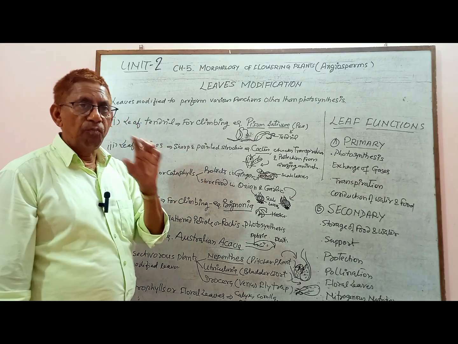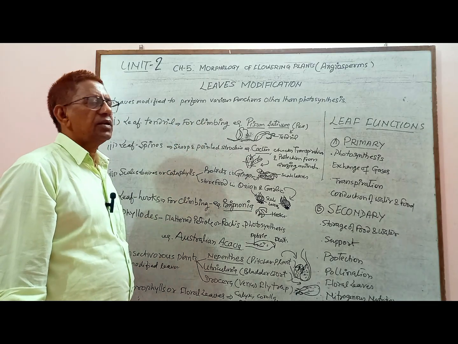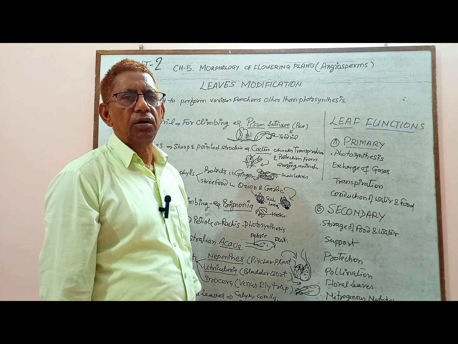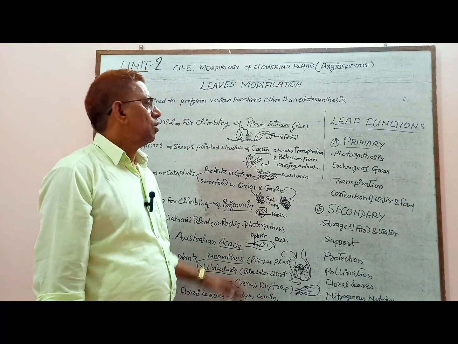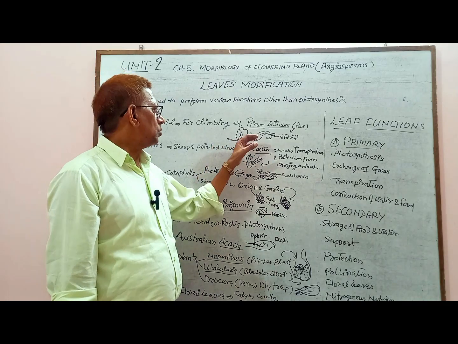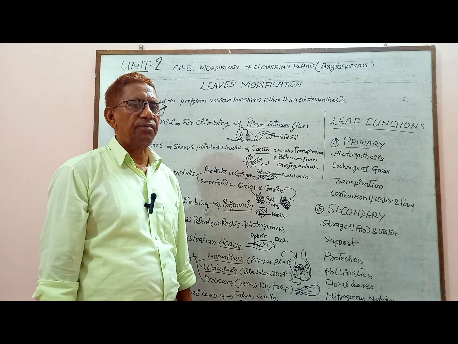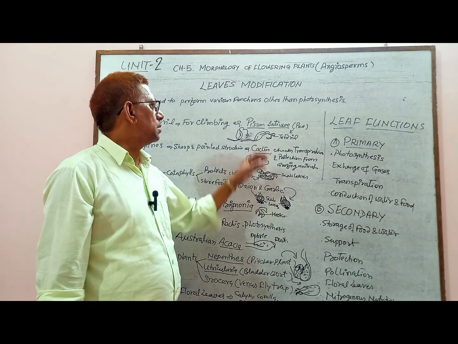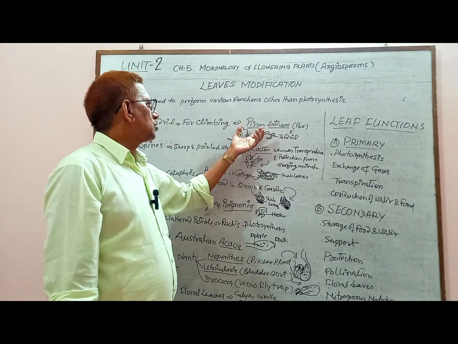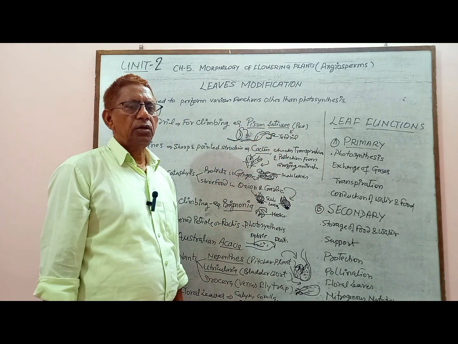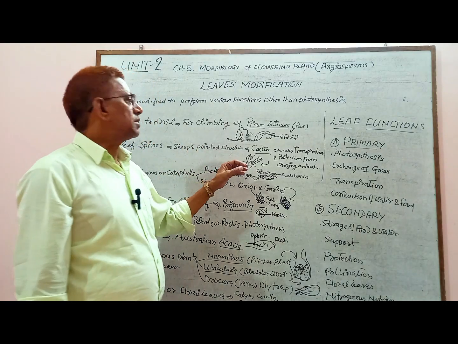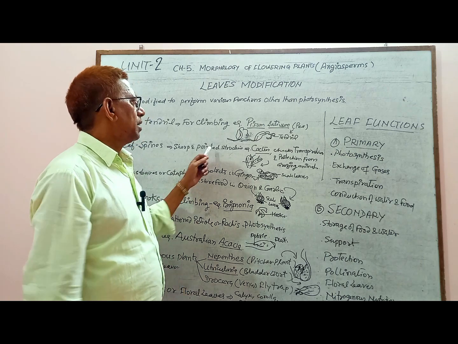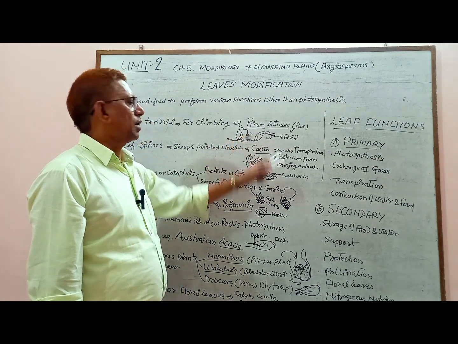The most important function of the leaf tendril is climbing. If you go through nature, you will see this in almost all the Leguminosae family, in pulses, like Pisum sativum, whether it is garden pea or normal pea, or Lathyrus, the wild pea, in which the tendril plays a very important role and helps in climbing.